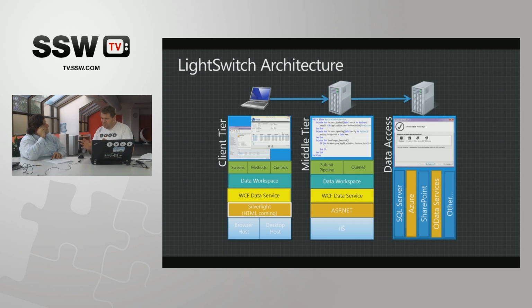So often you'll see these complementary applications that are part of the same process. Okay. So that's the basic architecture of a LightSwitch application, and that's what's going on behind the scenes.